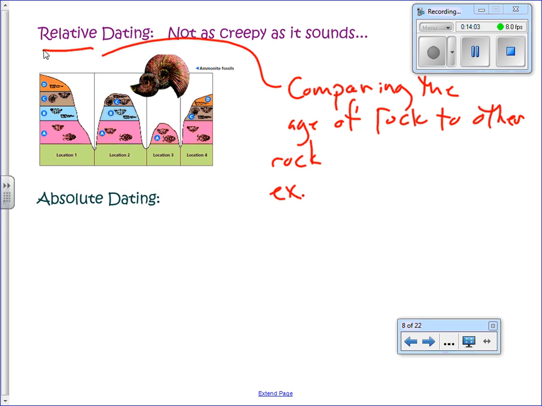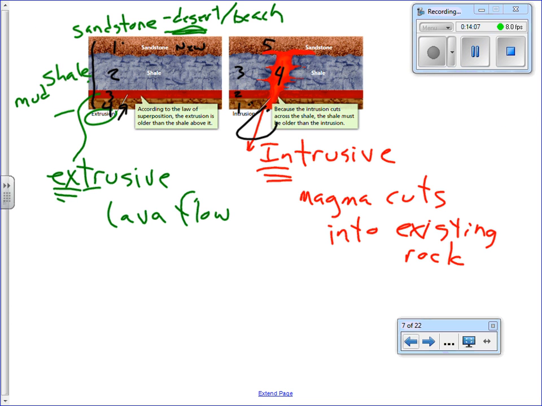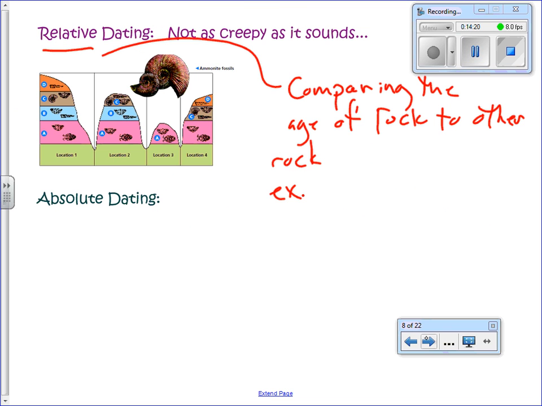You said in this other picture the magma intrusion is newer than the shale. You know that because of when it formed. That's relative dating. So in this, which layer is the newest in this picture?